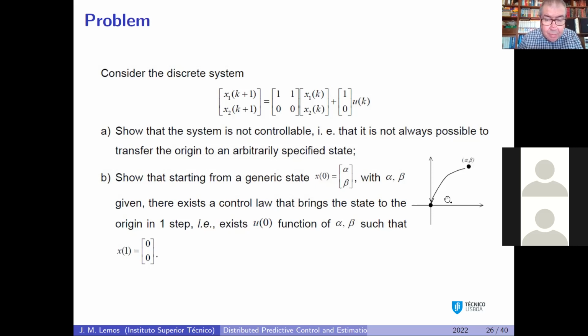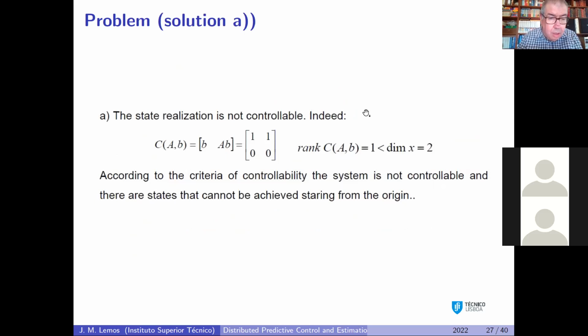Well, if starting from the origin I am able to reach any point, the controllability matrix must have a rank of 2, because that's the size of the state. Just a moment.